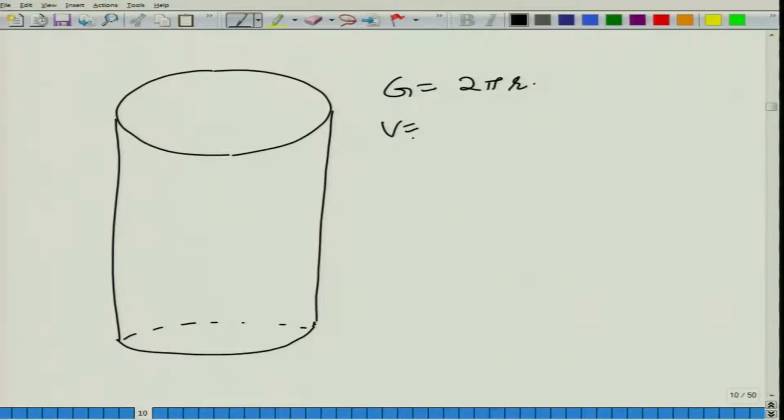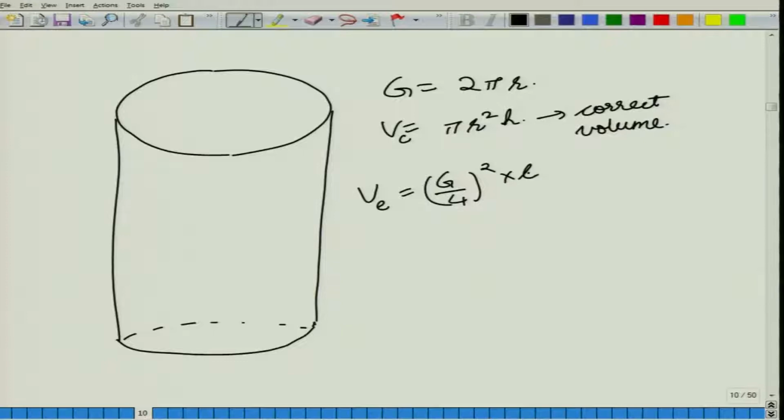We had defined the volume of a cylinder as pi r square h. So, this is the correct volume, and the estimated volume is (G/4)^2 into L.